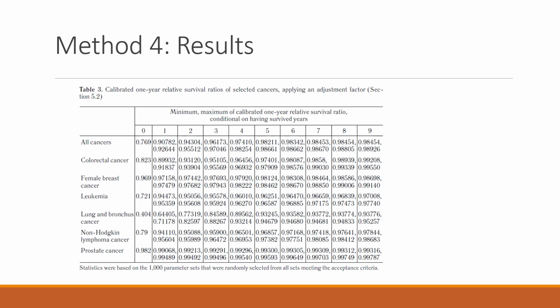We obtained calibrated 1-year relative survival ratio for all types of cancers. Compared with 1-year relative survival ratios estimated in Method 3, the uncertainty, the range, of calibrated 1-year relative survival ratios was reduced substantially and narrowed over time.